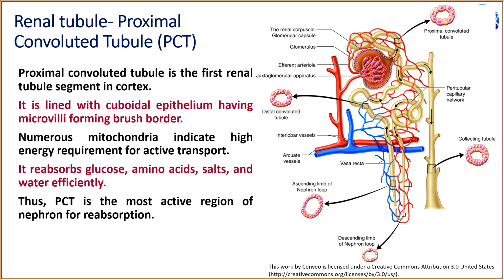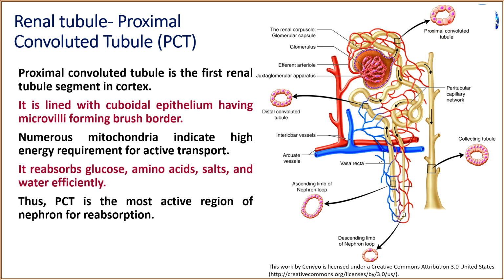Next comes the proximal convoluted tubule. The proximal convoluted tubule starts from the glomerulus. It is the first tubule which is present in the cortical region, the renal cortex. It is lined by cuboidal epithelium cells, and these cells have microvilli or brush borders which increase the surface area for absorption.